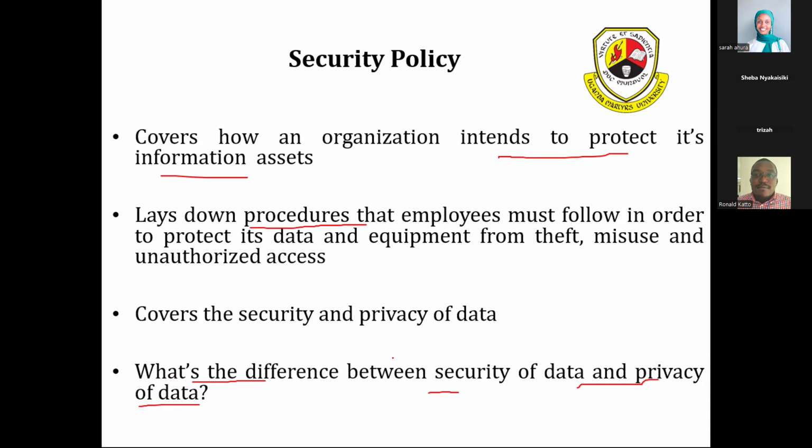With the security of data, we ensure that it is safe. It cannot be tampered with by persons that shouldn't be tampering with it. Then with the privacy of data, we ensure that information that is, say, confidential is not accessed by illegal persons. For example, a policy in most cases is a public document.